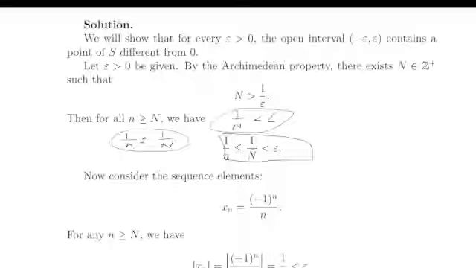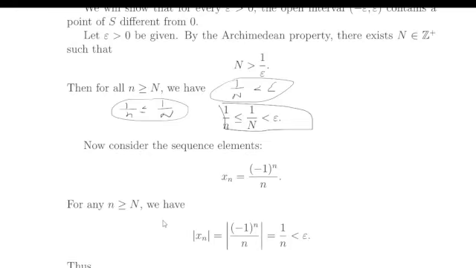Now, if we consider the sequence x sub n equals (-1)^n over n, we know for any lowercase n bigger than or equal to capital N, the absolute value of this is just going to be 1 over n, because (-1)^n alternates between +1 and -1.